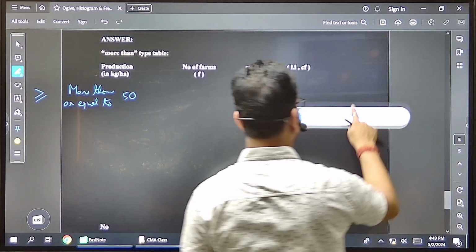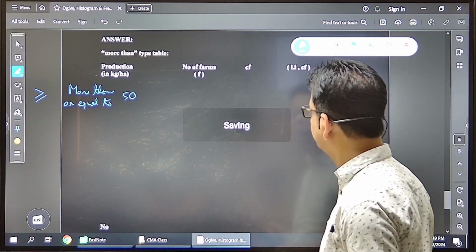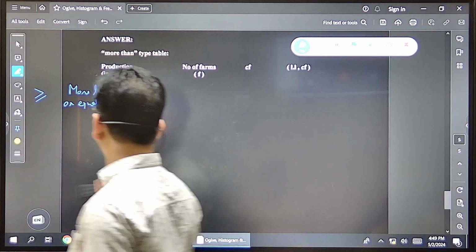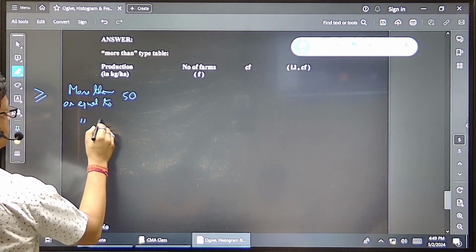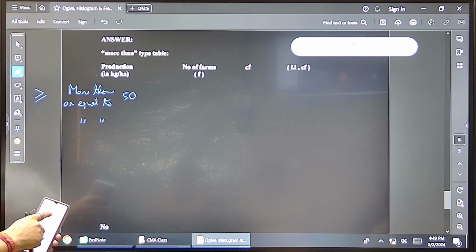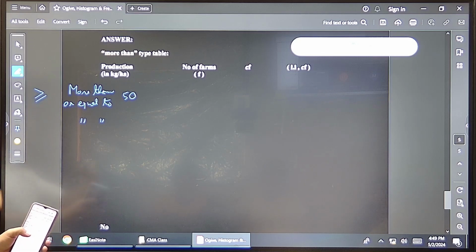Keep writing. Next, more than or equal to the next lower limit. The classes are 50 to 55, then 55 to 60, so the next lower limit is 55.